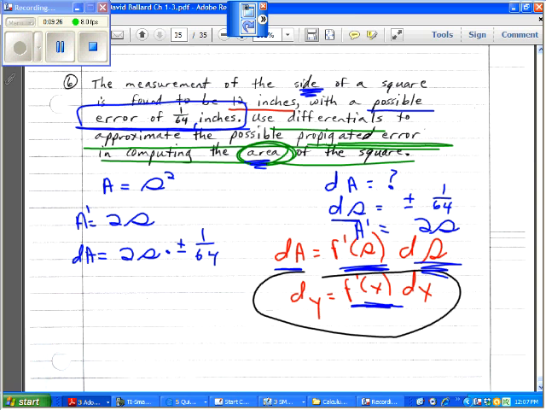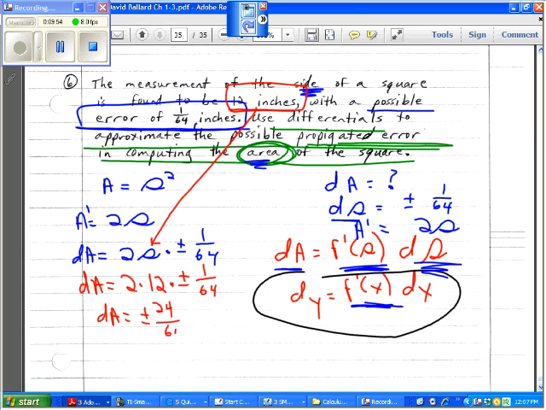Well, do we know s? 12 inches. So we're going to have dA is equal to 2 times 12 times plus or minus 1/64. So we have dA is equal to plus or minus 24/64, which is plus or minus 8 goes 3 and 8.